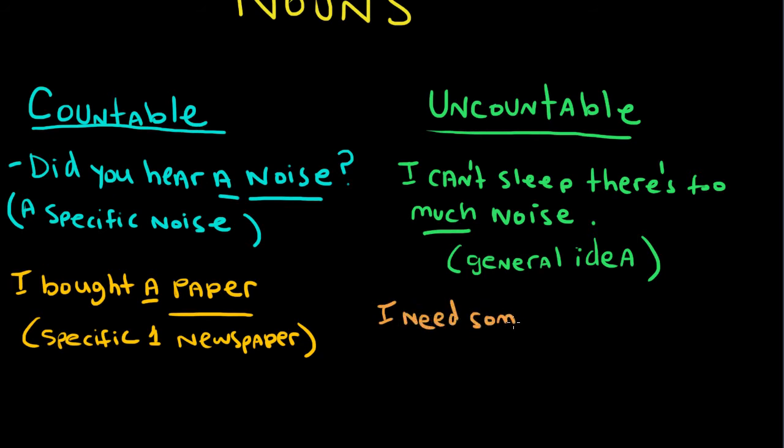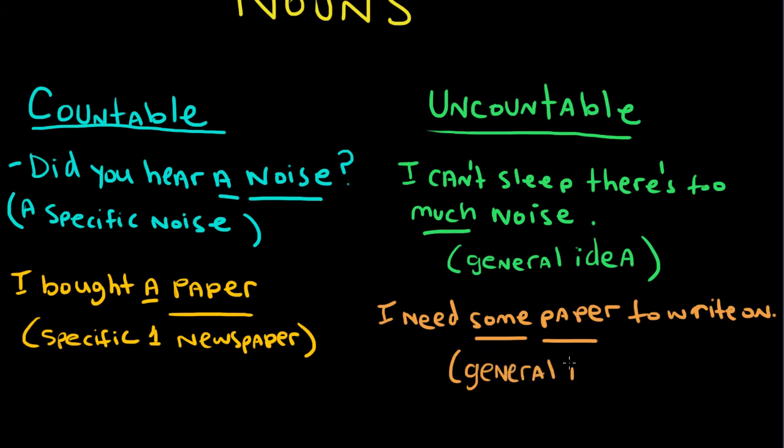I need some paper to write on. So here we use some paper because paper is a general idea. We are not talking about one specific newspaper. And we use some and much with uncountable nouns, and we use a with countable nouns.